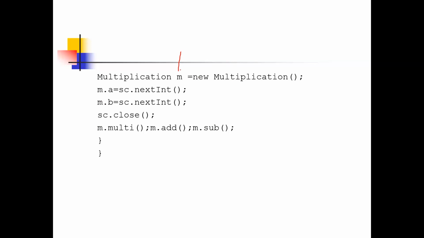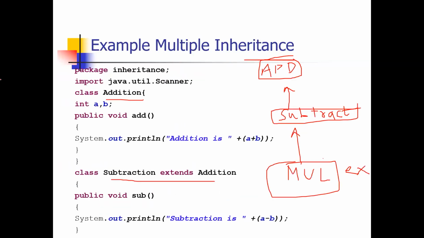Now, we'll use this object am. First with this object, we'll enter the values from the scanner: am.a. There is no need to define int a, b again because we have defined them at the start only. If we did not define them at the start, it would show an error here.